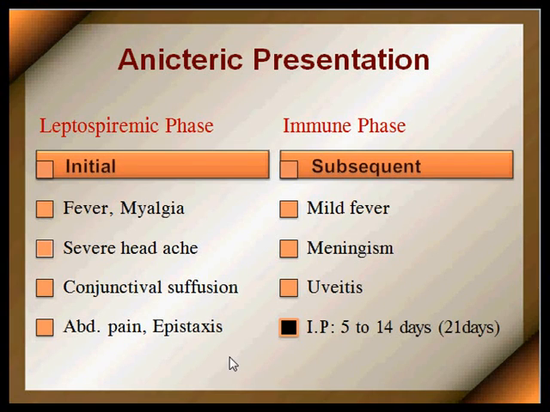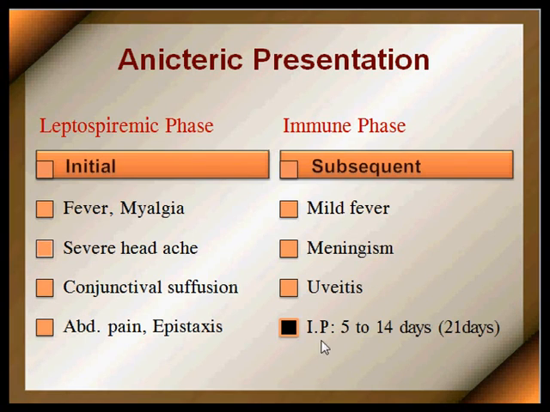After a period of 1 week, the fever subsides for 3 to 4 days, and the patient will be afebrile. Then the immune phase starts, wherein the antibody titers start rising, and subsequently the patient may have milder fever, signs of meningeal irritation or meningism, and signs of uveitis and iridocyclitis.